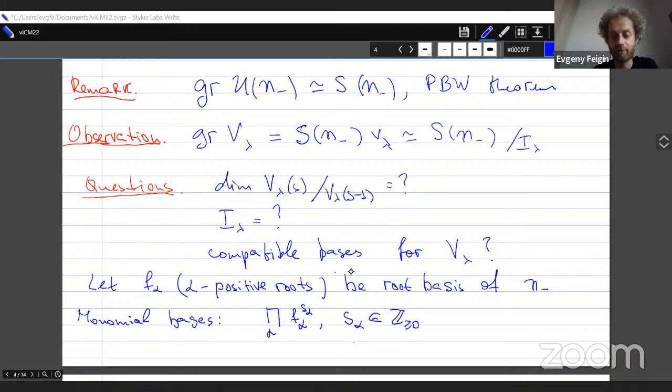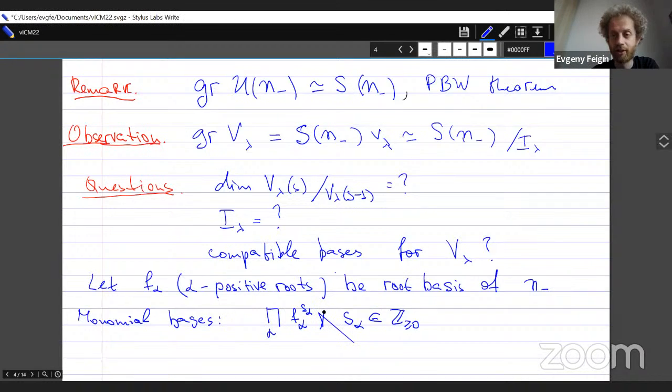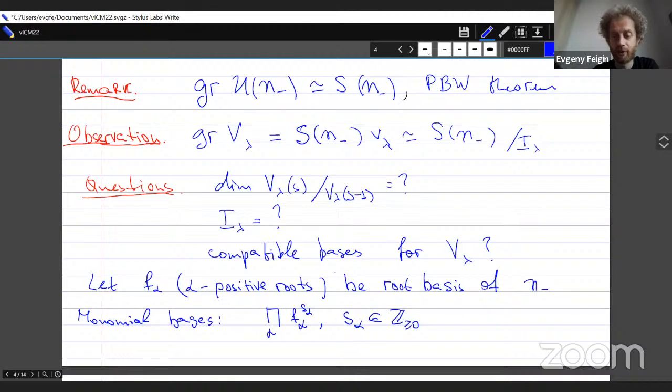We are just applying the product of F alpha to the power S alpha to V lambda, and these S alpha are non-negative integers. What we want to do is specify what collections of non-negative integers we want to take in order to obtain a basis of our V lambda. And actually, we want the graded components to have bases composed by certain vectors from these bases.